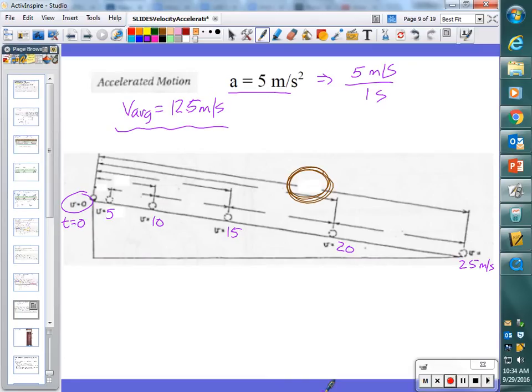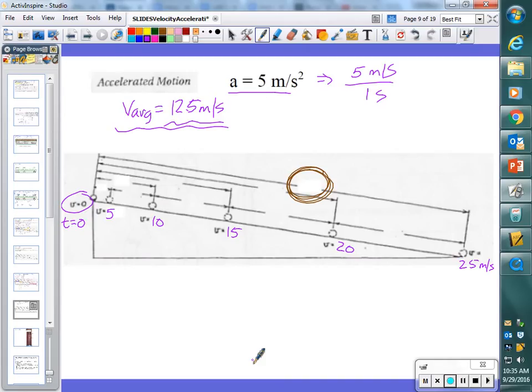Adding all of those up and then dividing by 6, because we have that 0 value there, guess what you'll get? 12.5. Okay? So that's the average velocity of this object as it rolls down the ramp. Good there.